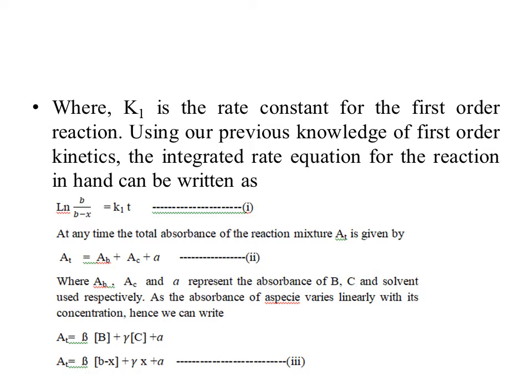Now putting the value of B and C from the above equation, AT is equal to beta into B minus X, plus gamma into X, plus alpha. This is equation number 3.